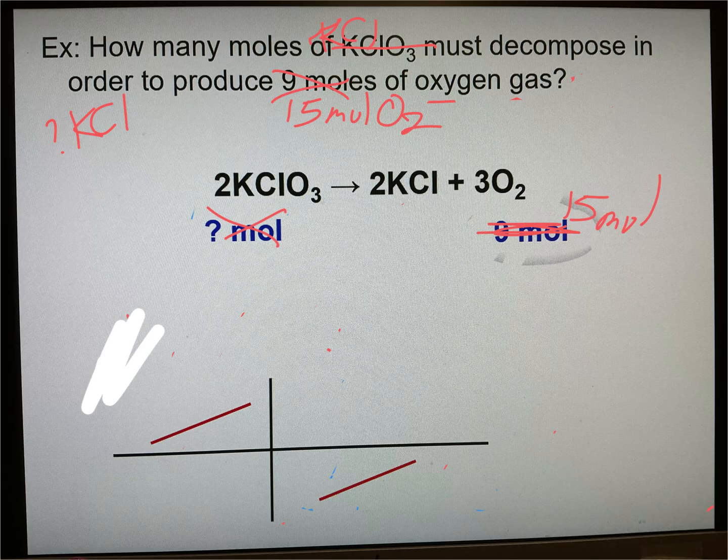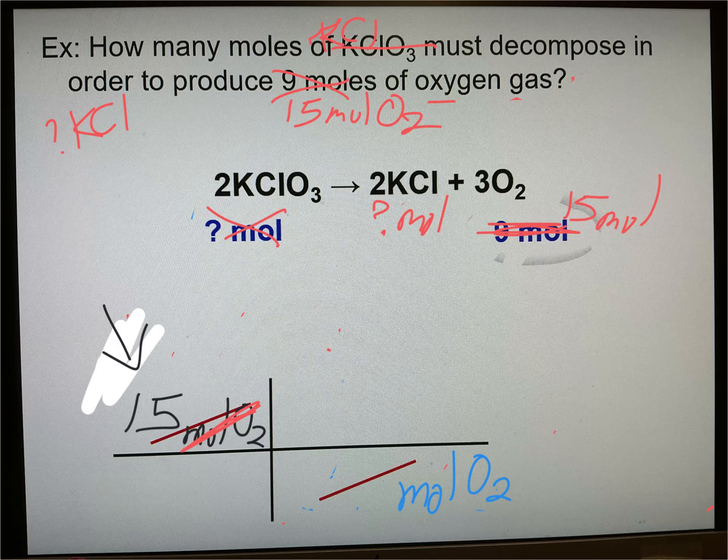All right, so what do I put first in that first box? Yep, and not just 15, it's going to be 15 mole of O2, okay? Because I have that unit, the mole of O2, there, that means I have to have the mole of O2 here. Yes?